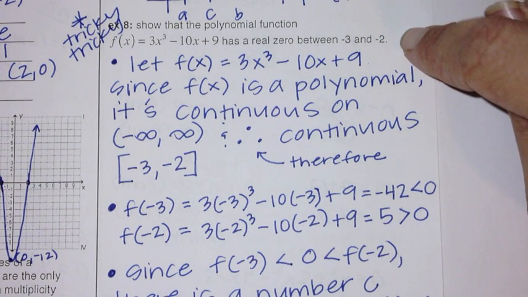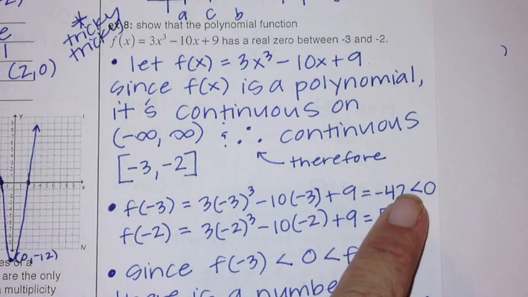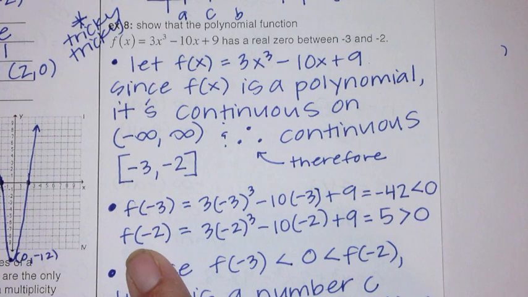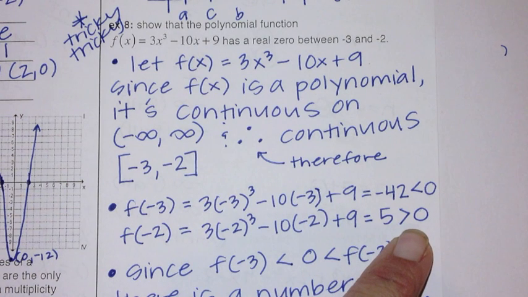Then what we're going to do is take f of -3 and get our y value, which is -42, and show that that's negative by writing less than 0, or you can write that it's negative. And then we do f of -2, and notice we get +5, which is greater than 0, or you can just write that it's positive.